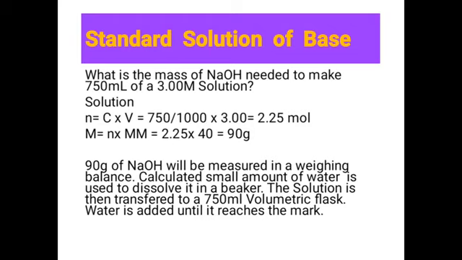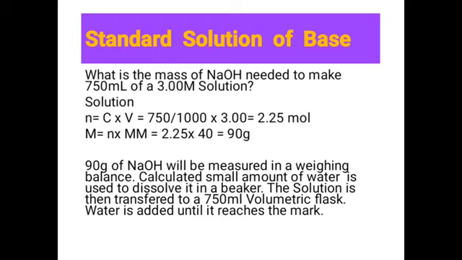Do not forget, mil is equivalent to centimeter cube. 750 mil is the same thing as 750 centimeter cube, and 1000 centimeter cube is equivalent to 1 dm cube. So to convert mil to dm cube, you divide by 1000. So 750 over 1000 will give us 0.75 dm cube.